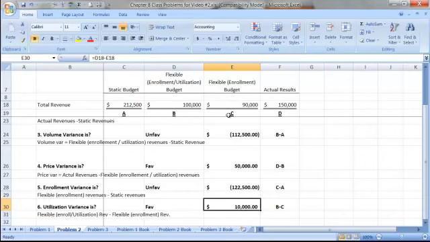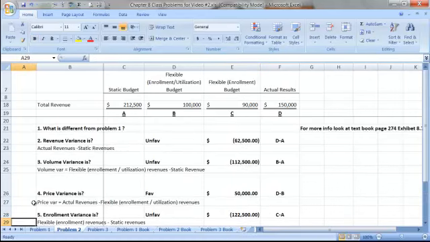And if you do the two together, you get the 10. Now, what these two variances are doing is breaking up the volume variance to show how much of the volume variance was due to enrollment and how much of it was due to utilization. And if you'll notice, if you put these two together, we get our volume variance. So we're breaking out our volume variance.